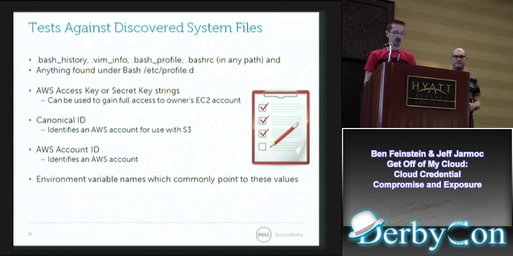We also look for some common environment variable names used to store these. A lot of the tools and scripts that Amazon provides, and a lot of third-party scripts, will look for things like EC2 secret key by default. So if you have EC2 secret key set in your profile, it'll find that key material and use it. There's a handful of common environment variable names that can point to these.